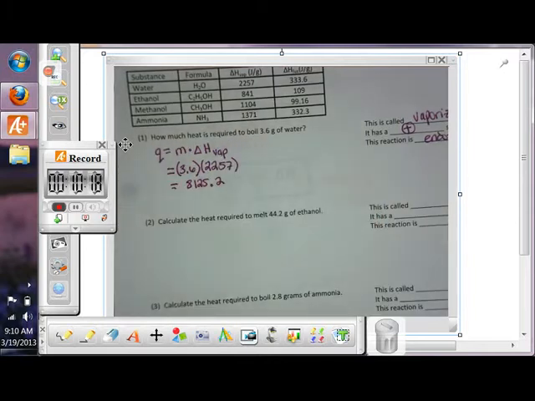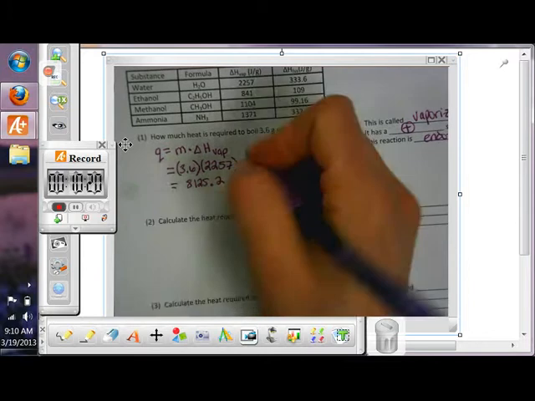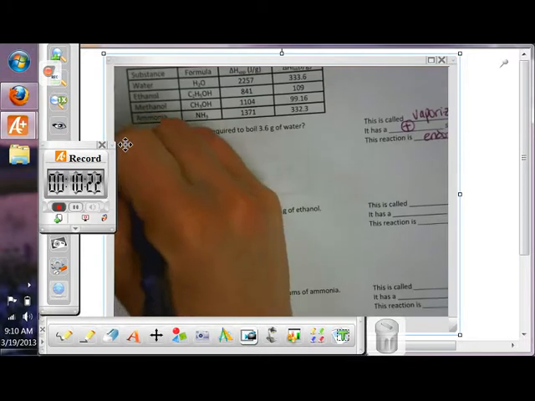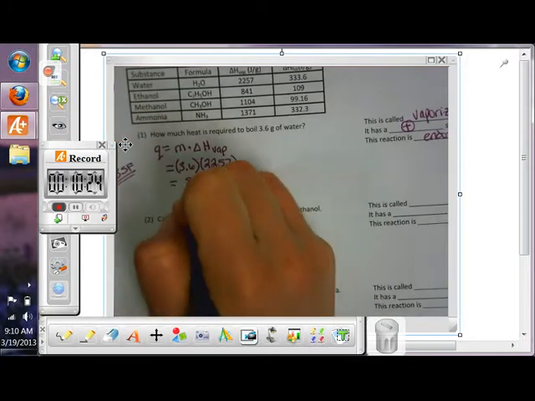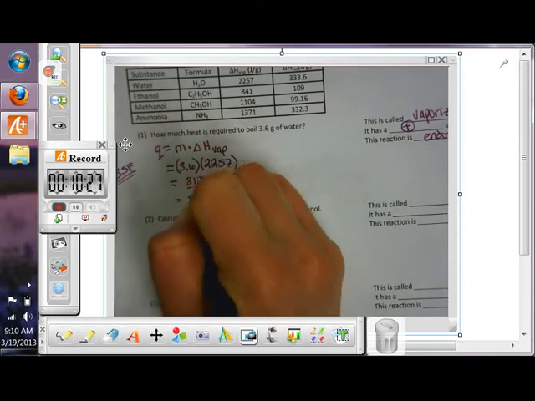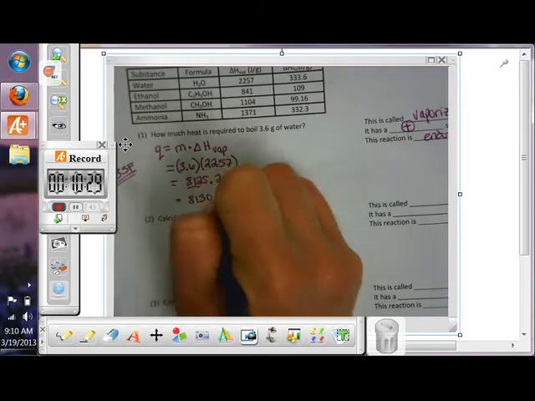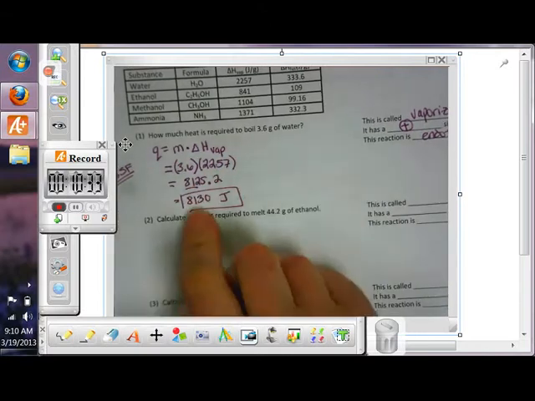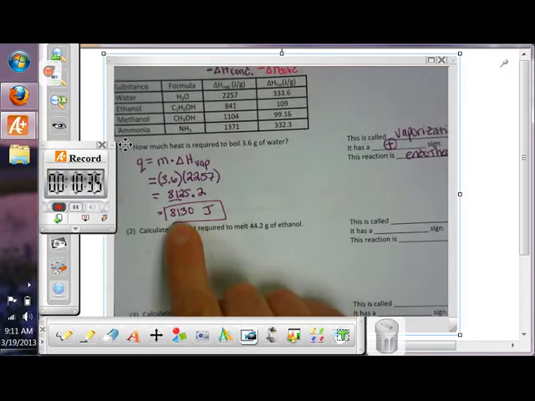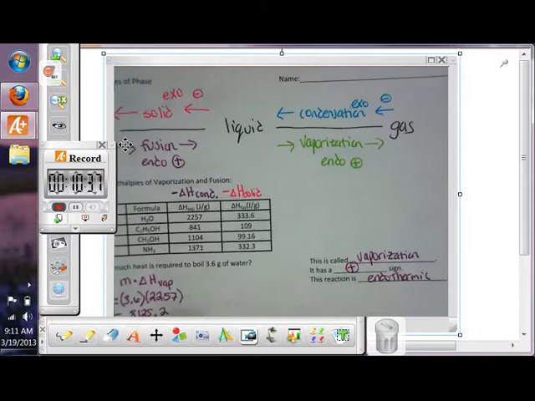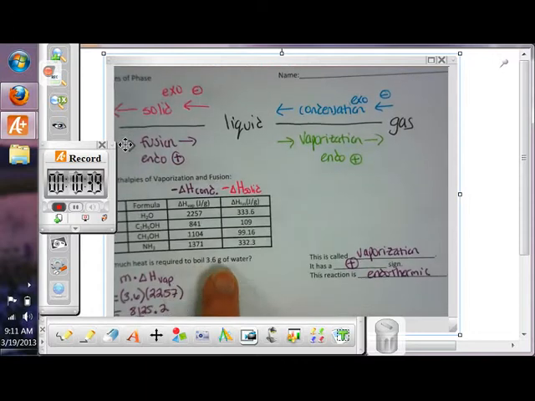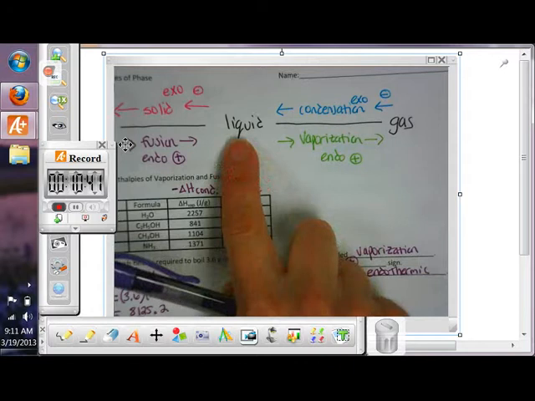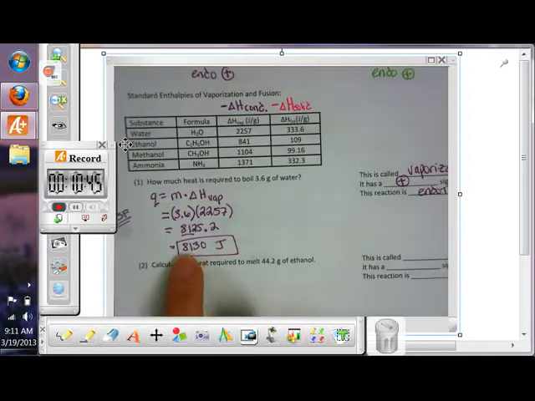And you know what, just because this chapter is a little bit confusing, we're just going to give these problems 3 sig figs also. So 3 sig figs, that's going to give me 8130, and the units are joules. So that is how much heat is needed, okay, to boil this many grams of water. To go from a liquid to a gas, I'm going to need 8,130 joules worth of heat.